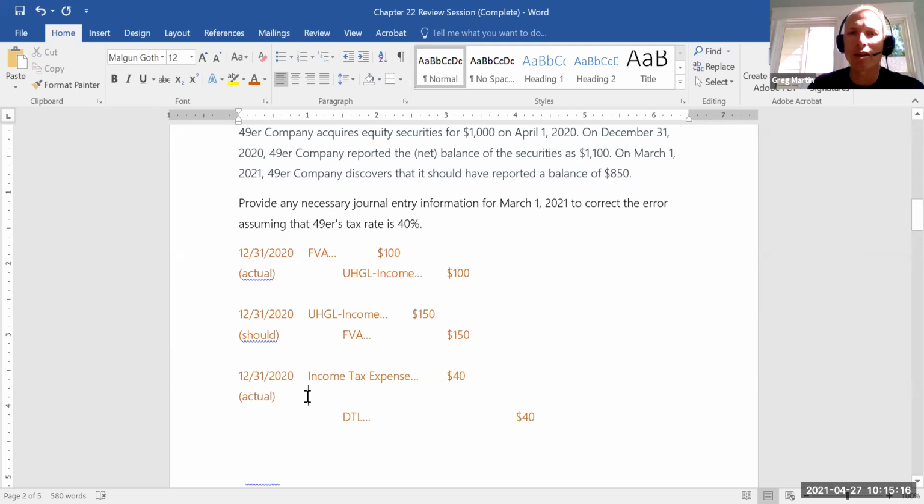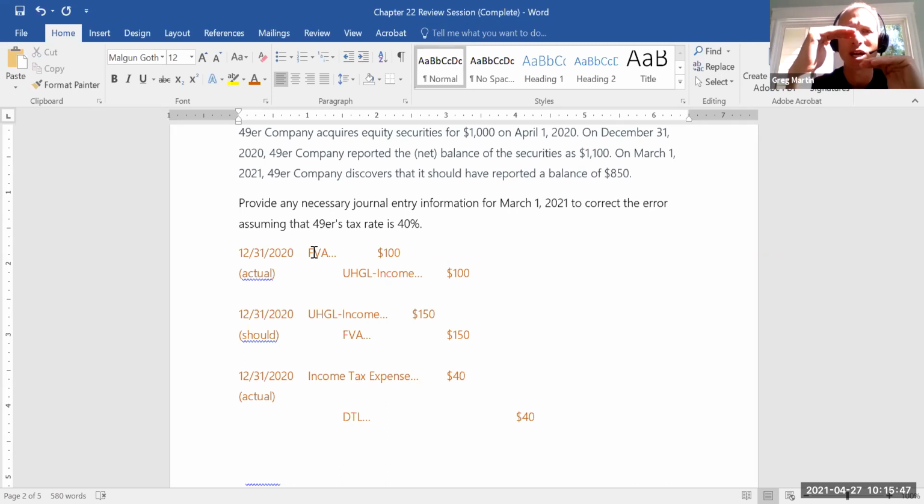We're going to isolate the effect of this fair value adjustment. If you notice, with a fair value adjustment, both when it's acquired under the Internal Revenue Code and US GAAP, it's originally recorded at $1,000. At the end of the fiscal year on December 31st, 2020, the company increases the value of that security through the fair value adjustment by $100.